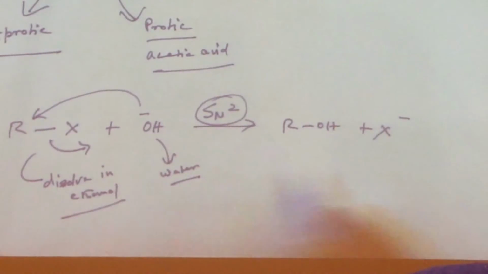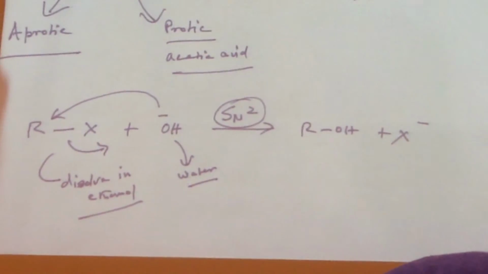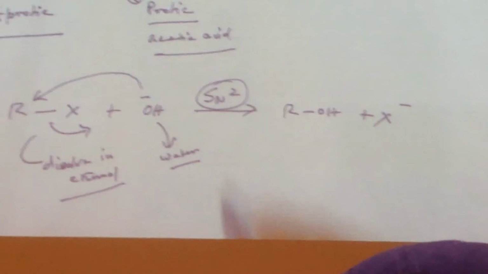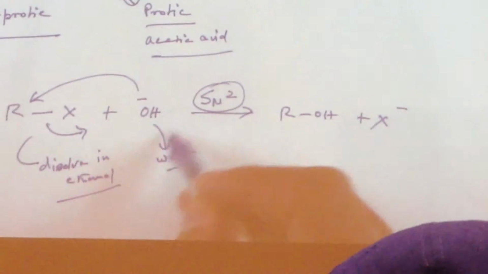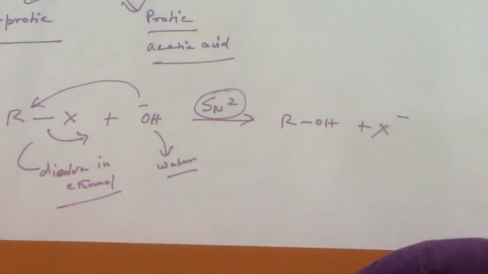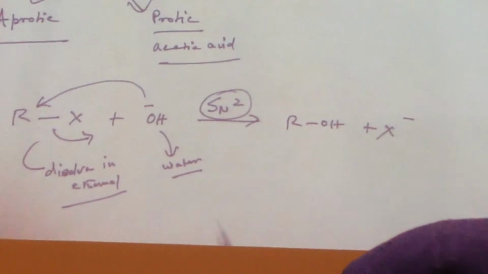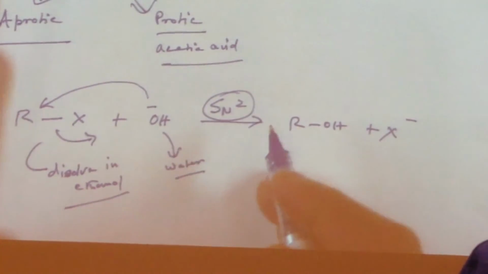Now the second issue is, of course, where the reaction will take place best. If you have a protic solvent, one of the consequences is that the OH minus, as in this case, will be surrounded by the solvent molecules, and that is going to form hydrogen bonds, essentially reducing the nucleophilicity.